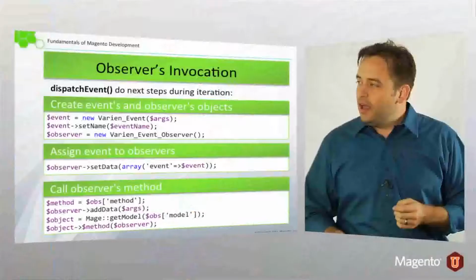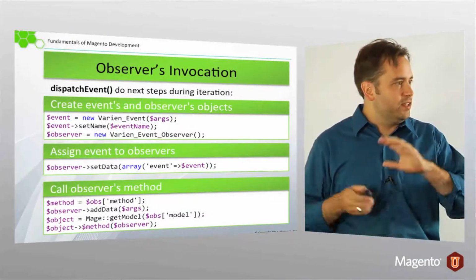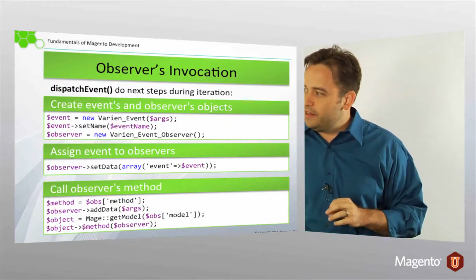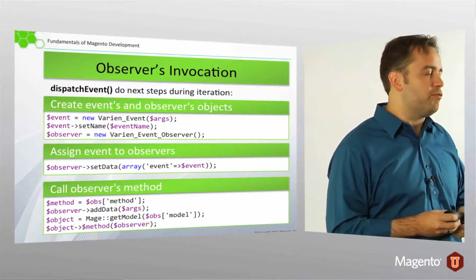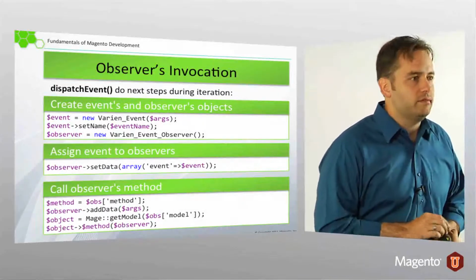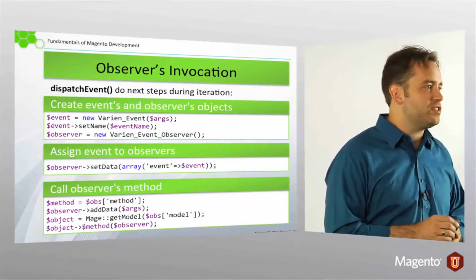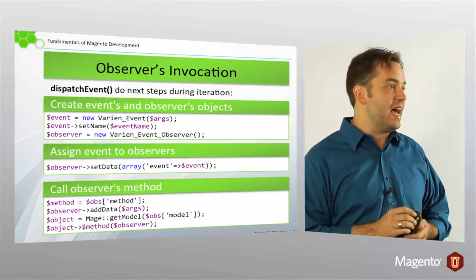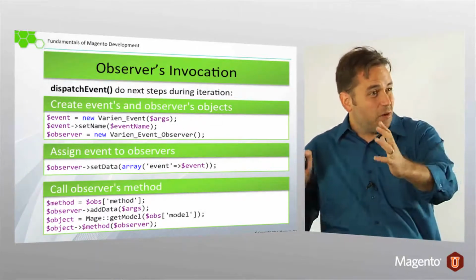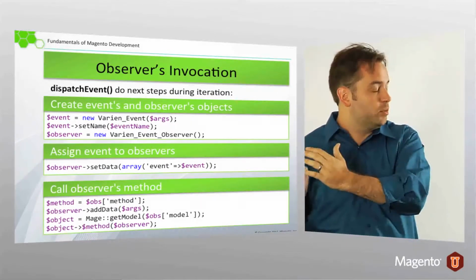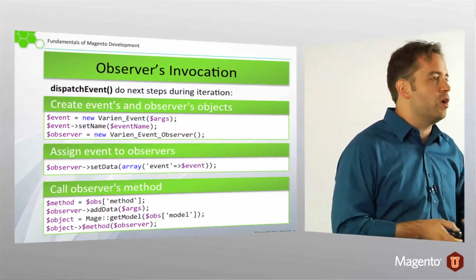But for right now, I think you should just be aware that there are a couple of different objects at play in the event observer system, and that fundamentally what happens is, through configuration we cause a model to be instantiated, and then that model receives its data through the observer. Basically, that's how everything's passed in to the model that we want to use to operate on whatever's going on.